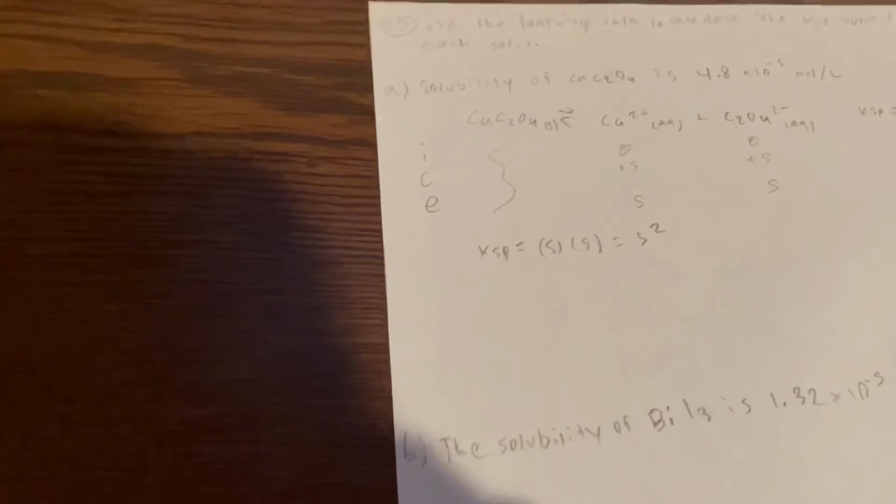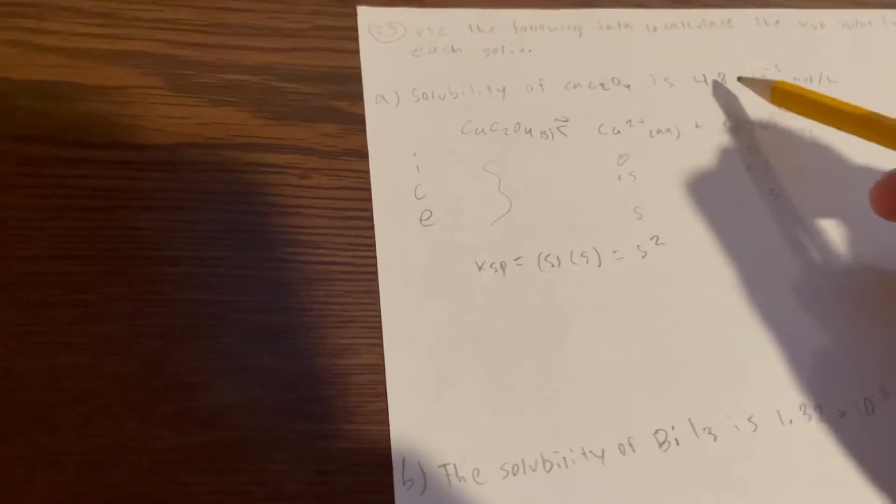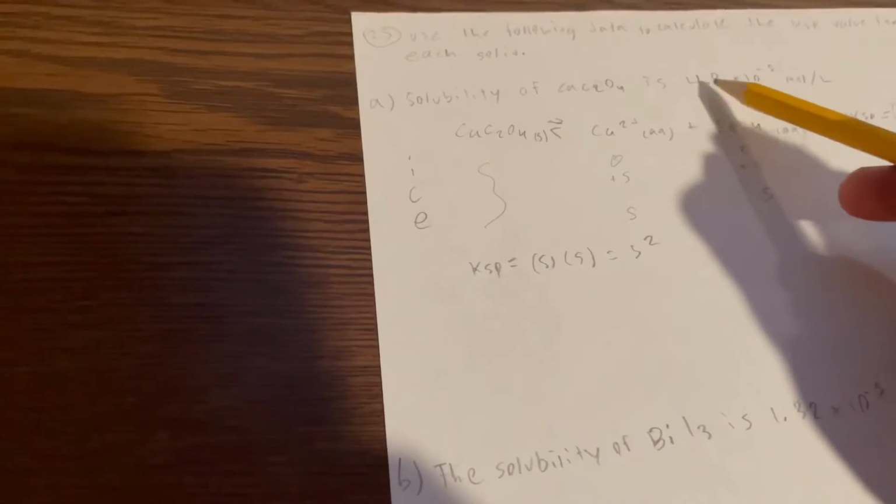Alright, now that we have S squared, all we have to do is plug in this number, because S equals 4.8 times 10 to the negative 5.